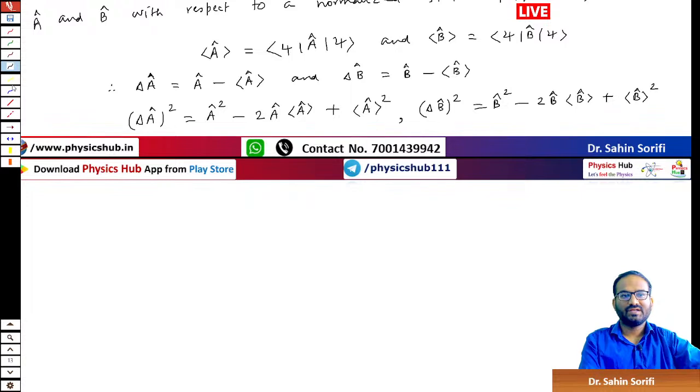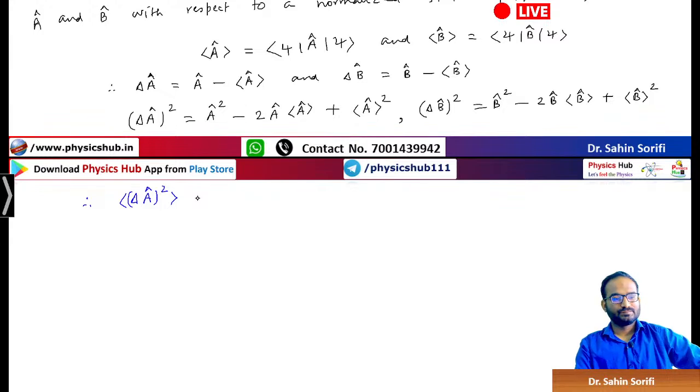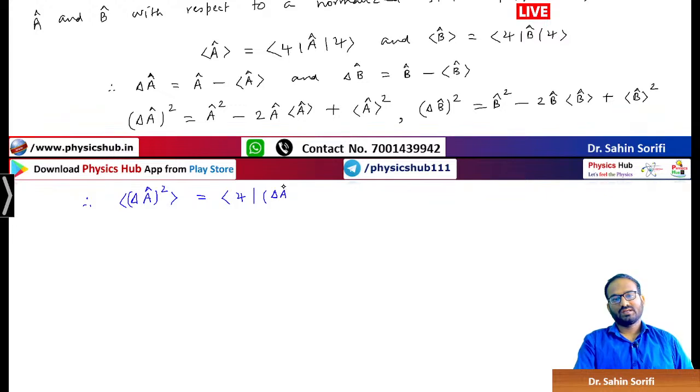Now if you calculate the expectation value of this delta A square, then what will happen? It is like calculating the expectation value of delta A square. So this is nothing but ⟨ψ|delta A square|ψ⟩, this is what the definition demands.